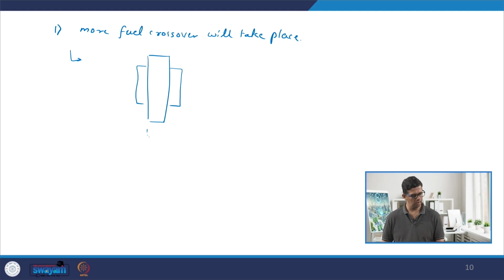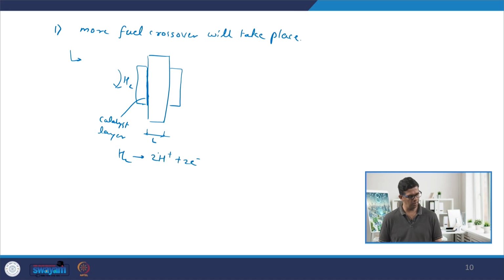If this thickness, which is L in our case, is reduced so much that this hydrogen, instead of getting oxidized at the catalyst layer, which is here, so we know H2 gives 2H+ and 2 moles of electrons.